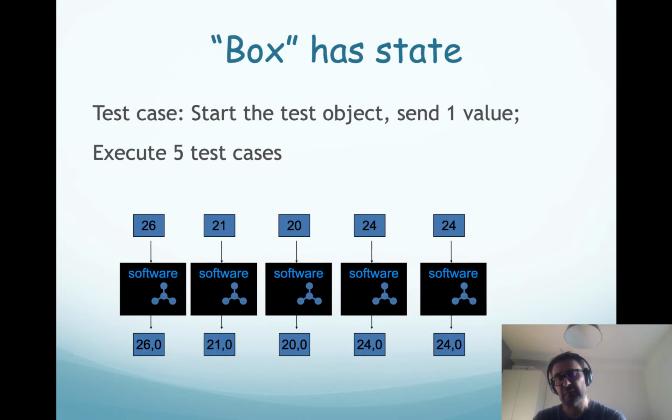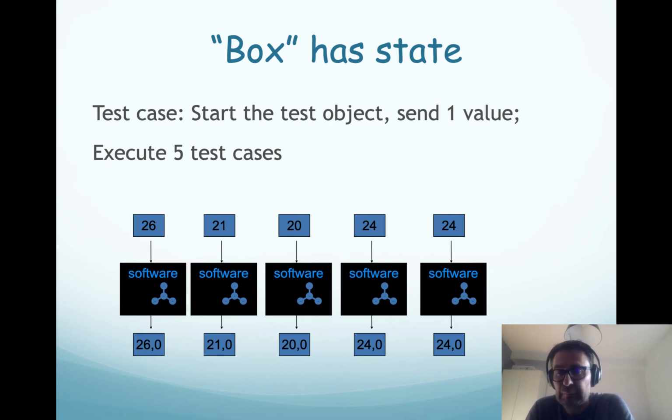So to give an example, here you have a general case where it doesn't have a state. So here you're giving inputs on top, and the software here as a black box is giving some output, and here there are 5 test cases, and somehow here it seems to be the identity function.